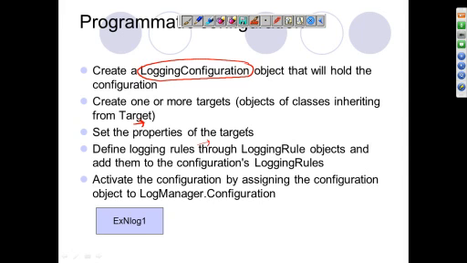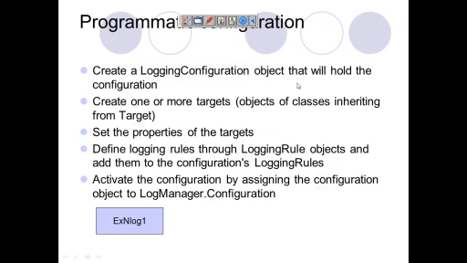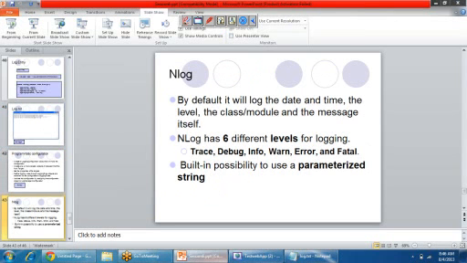Then to define logging rules, we create the object of the logging rule class and add it to the logging rules collection. Then we activate these configurations by assigning our configuration object to the LogManager.Configuration property. This is how you can do the configurations programmatically, not from the config file.